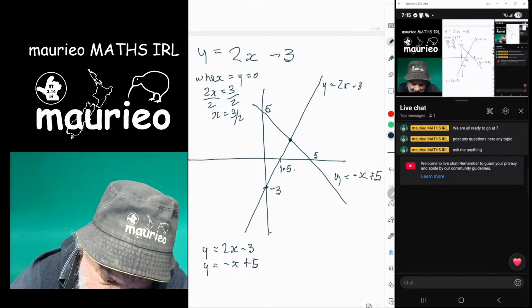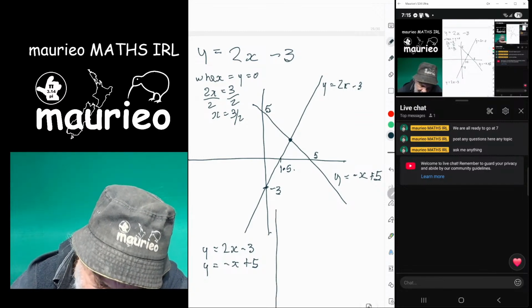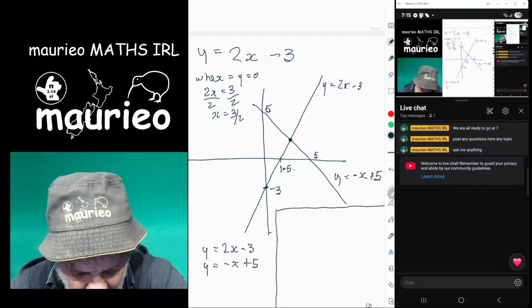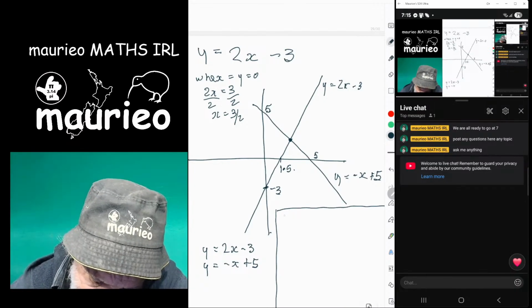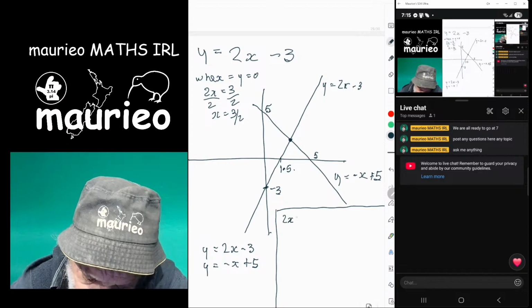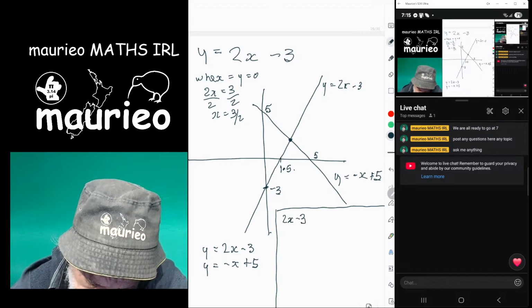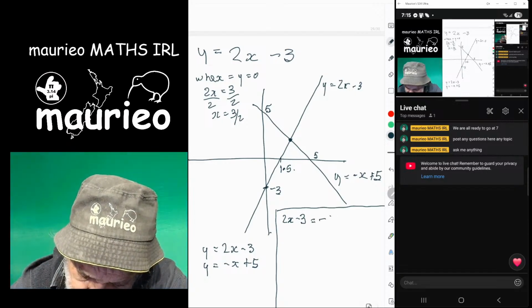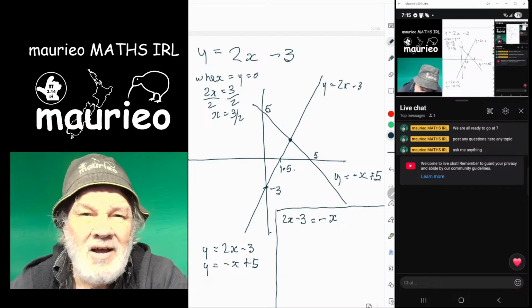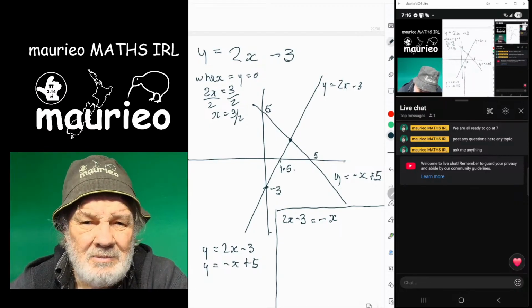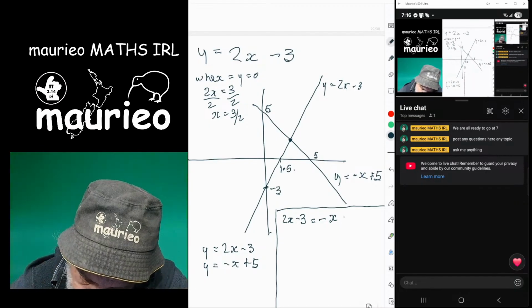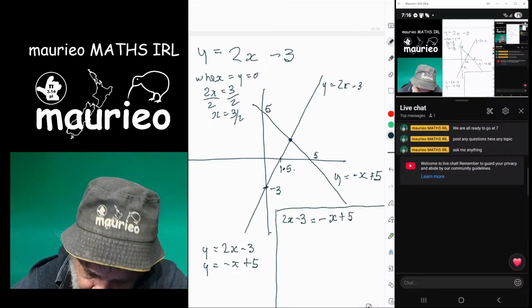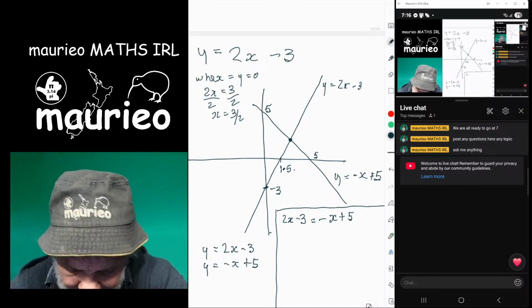So therefore we can say, well, 2x minus 3 equals negative x plus 5. Because it's also on that line.